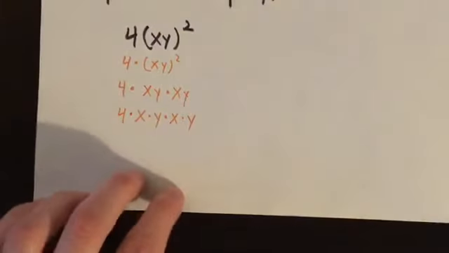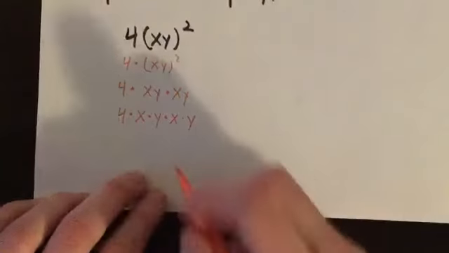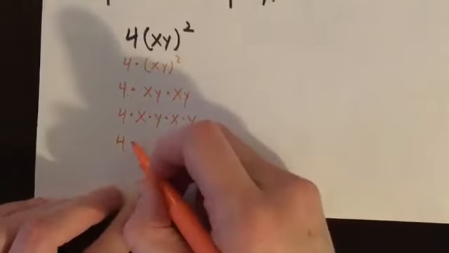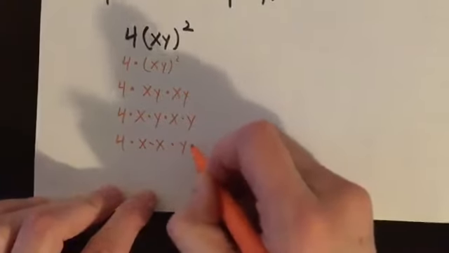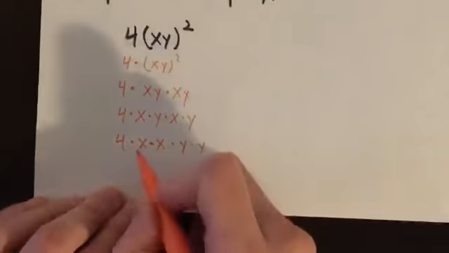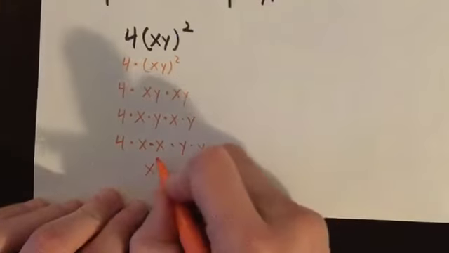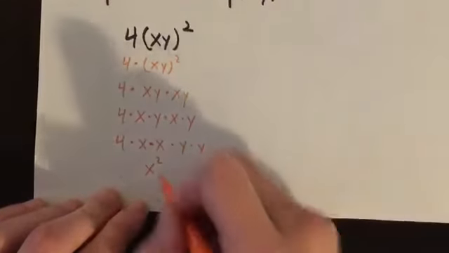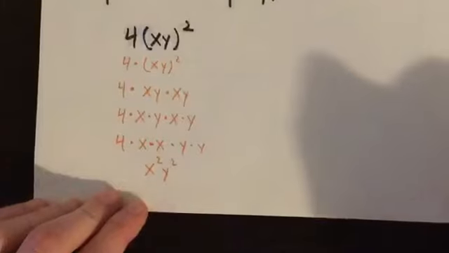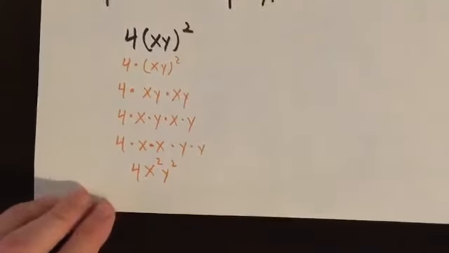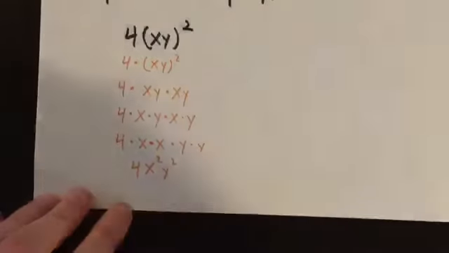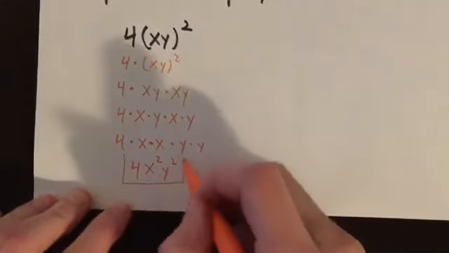Look at those x's, look at those y's. Maybe I'll put them next to each other using our commutative property. 4 times x times x times y times y. Well, x times x, that's x squared. y times y, that's y squared. And then times 4. Okay? Haven't changed anything. We've just changed how we're showing our multiplication.